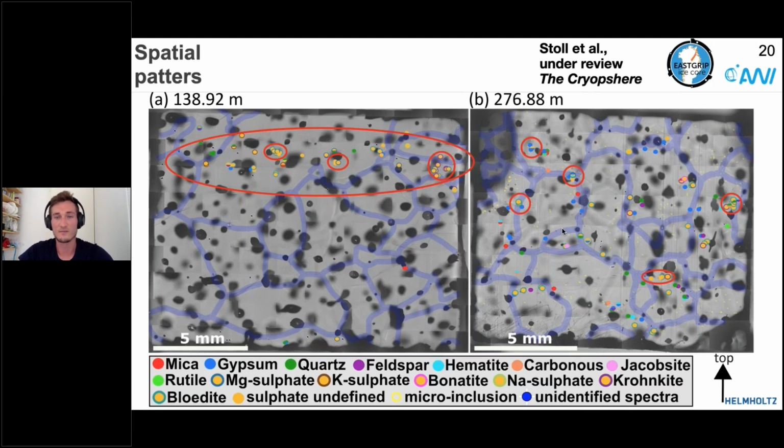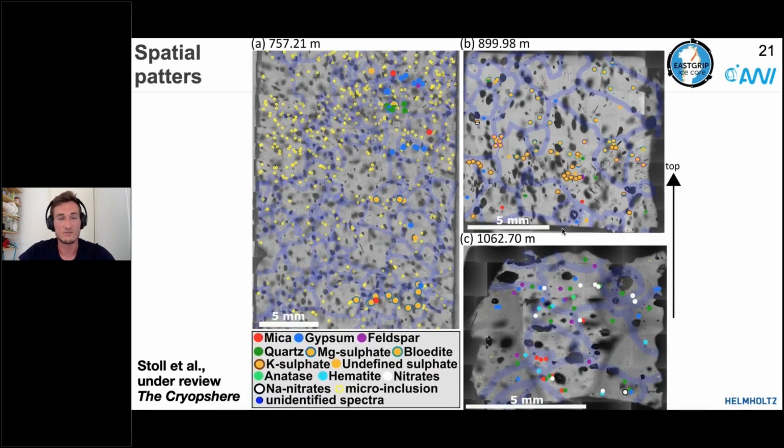Yeah, and here you can see some examples of clustered sulfates. And the same is true for different depths. So here again, we have this layer of magnesium sulfate mainly. A little bit above, there are different sulfates, and then gypsum, really creating those layers or those clusters, and also at 900 meters.